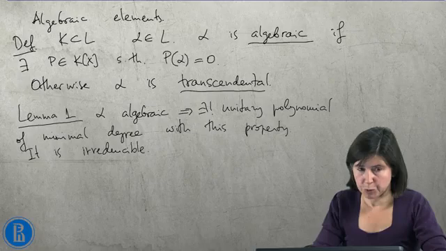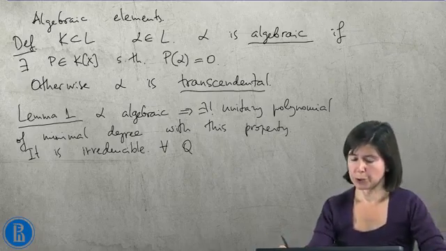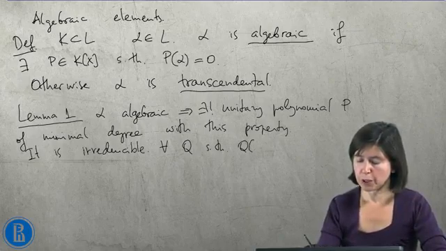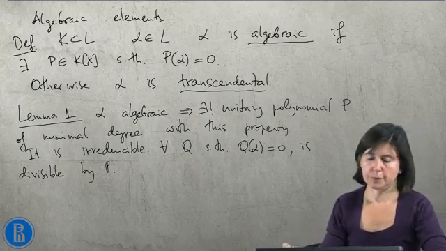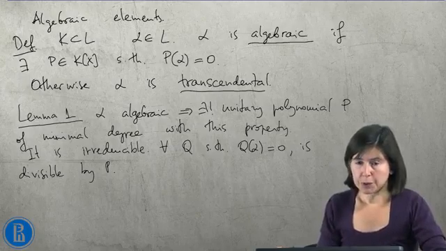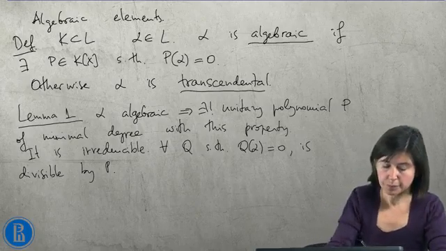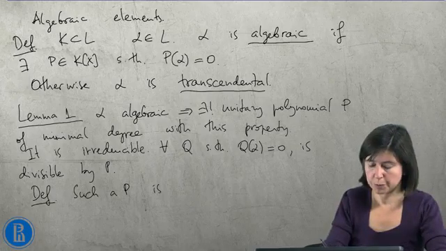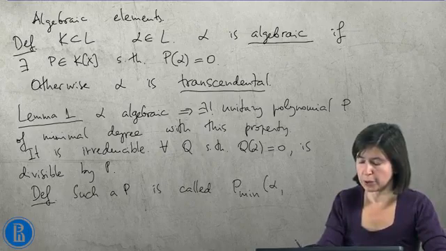Any other polynomial with this property is divisible by P. Any Q, so let me call this unitary polynomial P, any Q such that Q of alpha is 0 is divisible by P. One calls P the minimal polynomial of alpha over K.